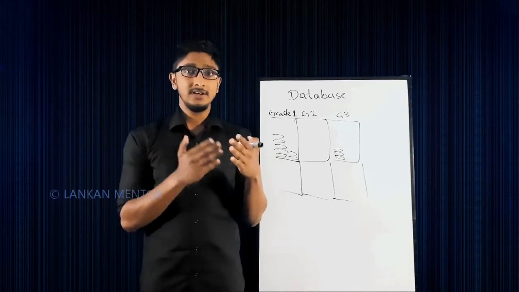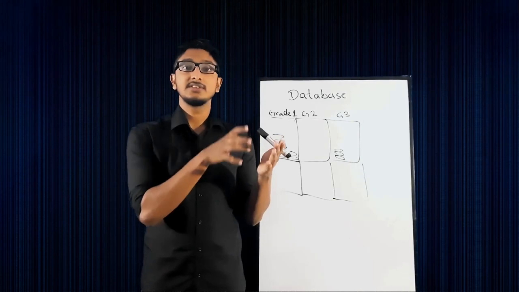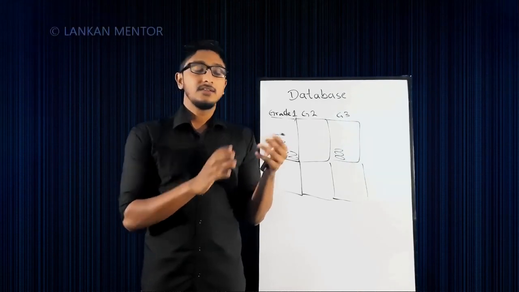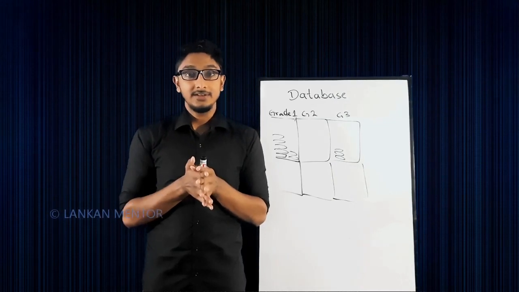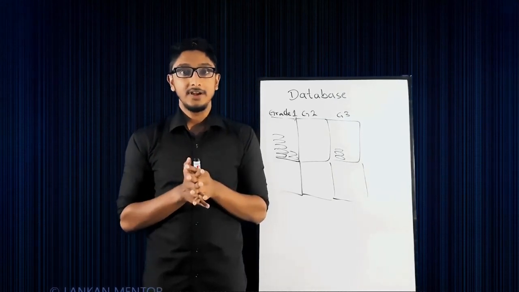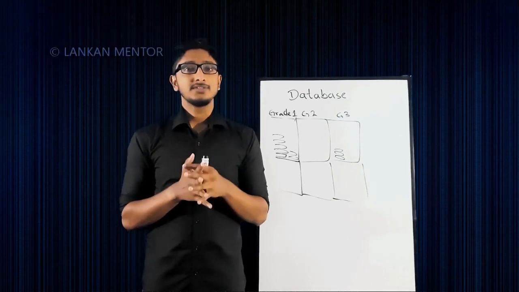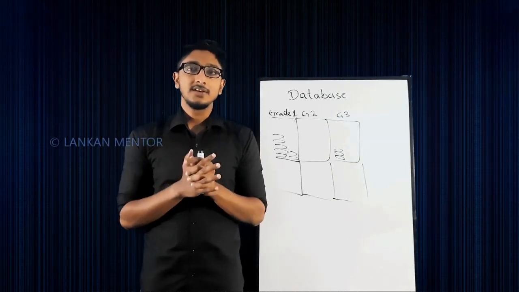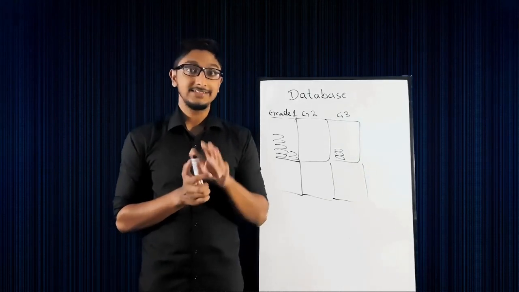So again, they have to filter out, from this class, this many students, these are the names. So filtering in a manual database is a bit difficult. Difficult means time consuming, and it's not as convenient as using an electronic database. And that is the idea there.